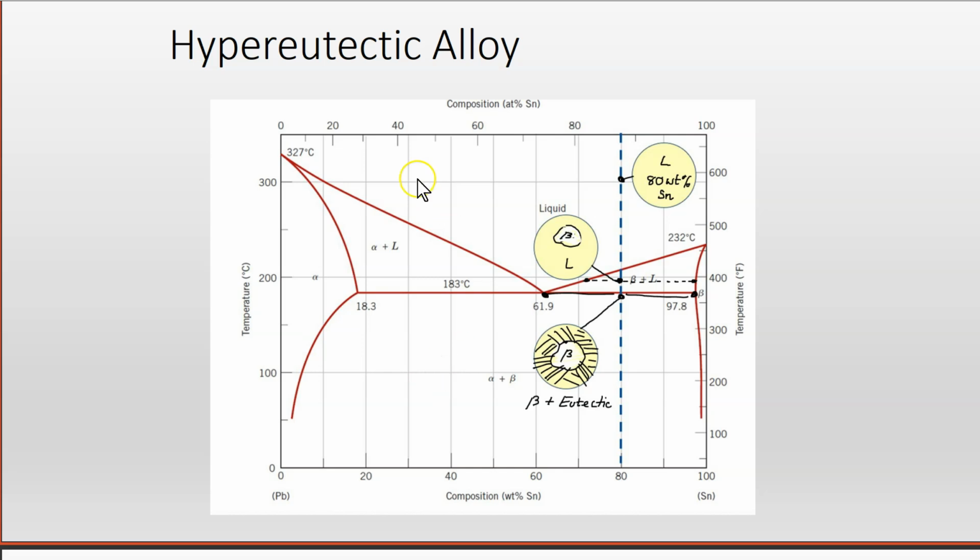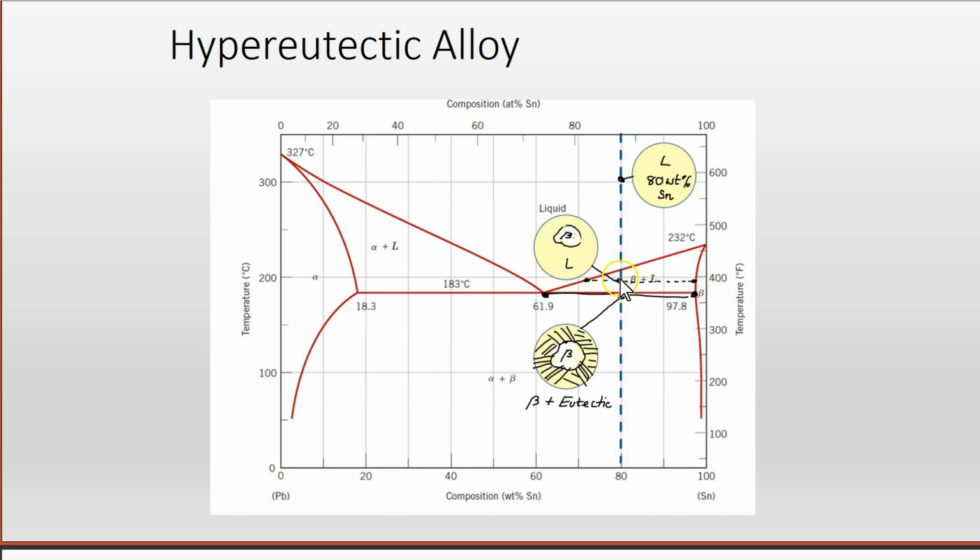Now let's have a look at a hypereutectic alloy, which is where the weight percent of tin is higher than that for the eutectic composition. In this case, we will see that the first phase to form now is beta.